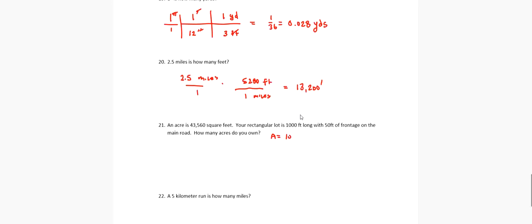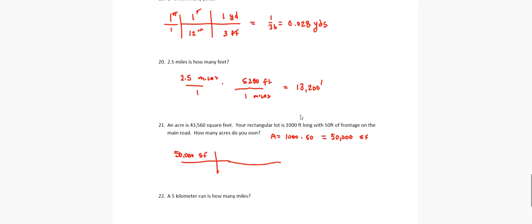So we've got a 1,000 foot by 50-foot lot. So we're talking 50,000 square foot lot. So now I've got this in terms where I can use this conversion. So 50,000 square feet.